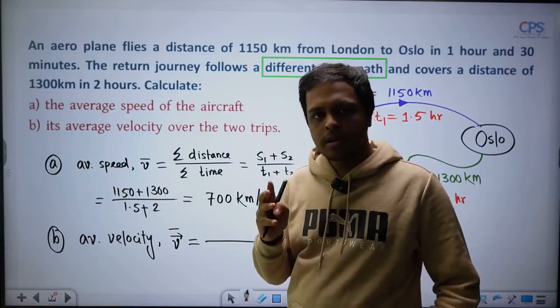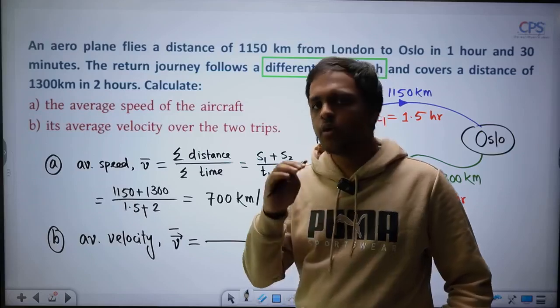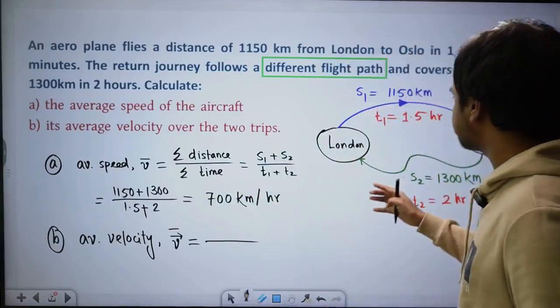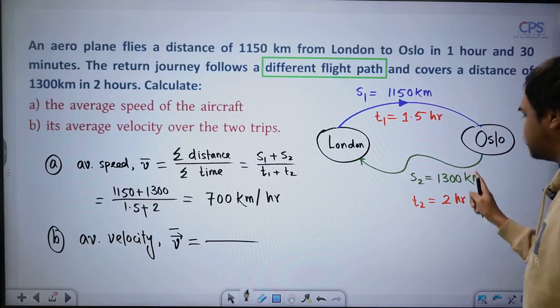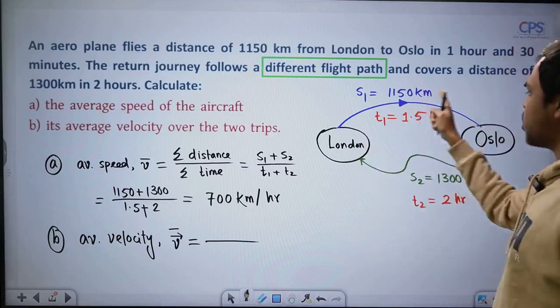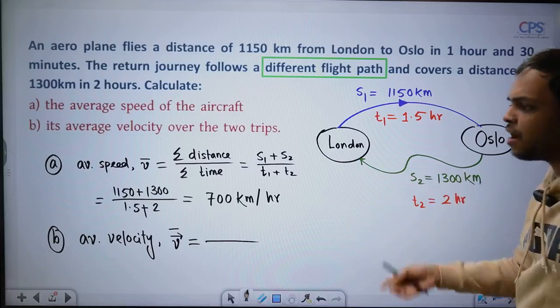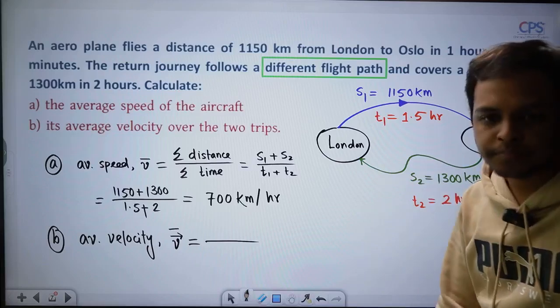Right now, you are calculating the overall, through the overall time. You are calculating for 1.5 hours and 2 hours overall, so 1.5 plus 2, 3.5 hours you are calculating it for.